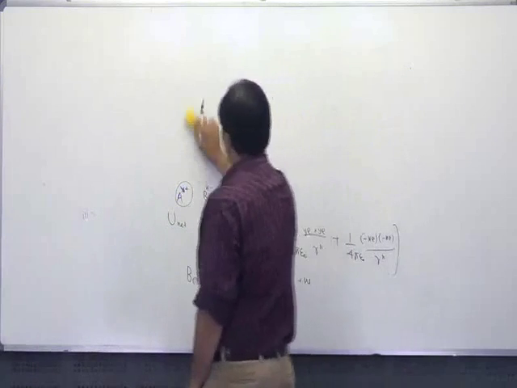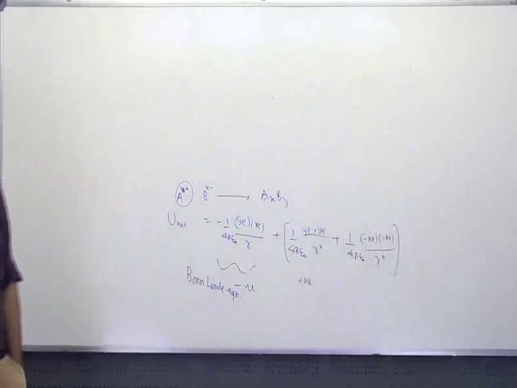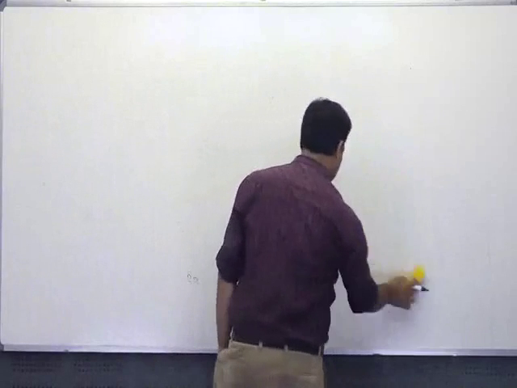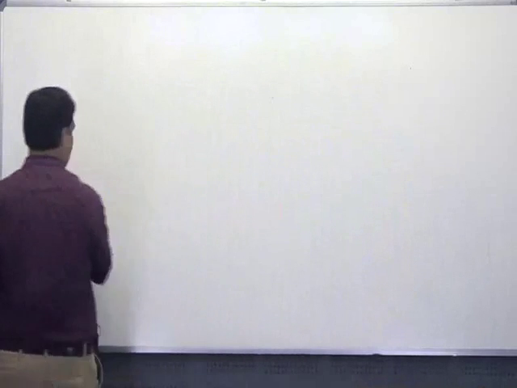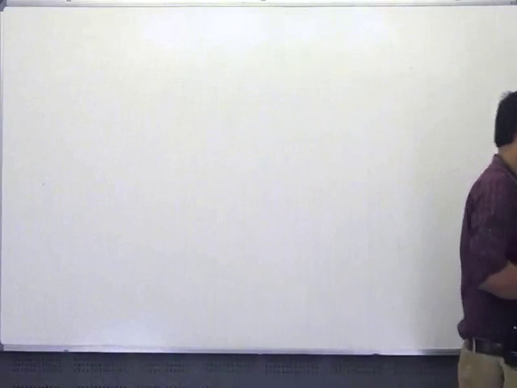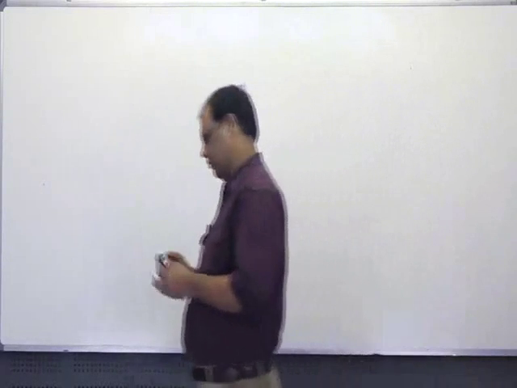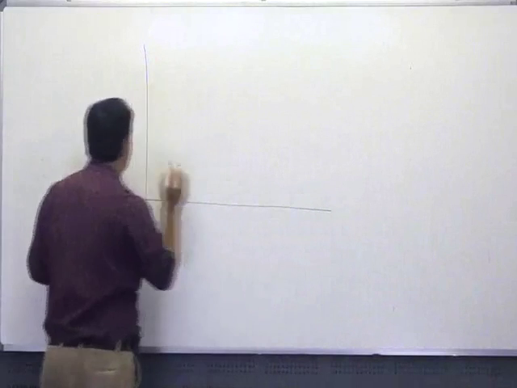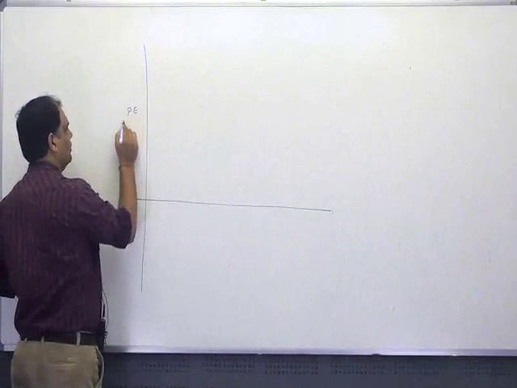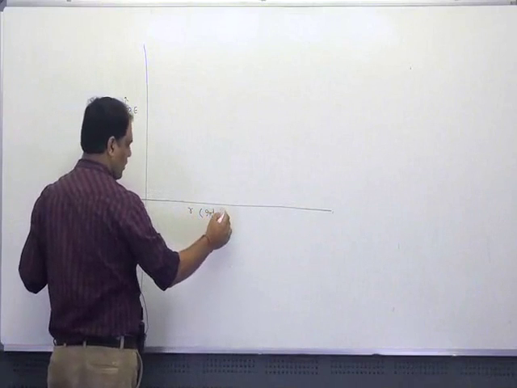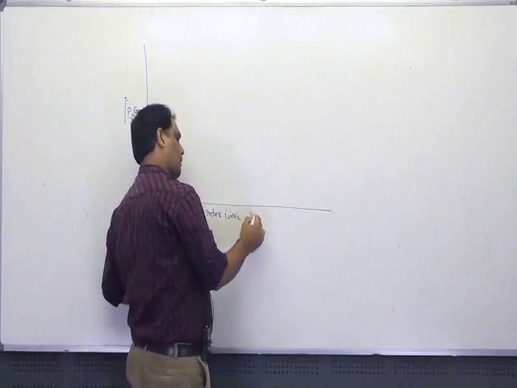Now I will show the variation graphically. Potential energy and r is the interionic distance.